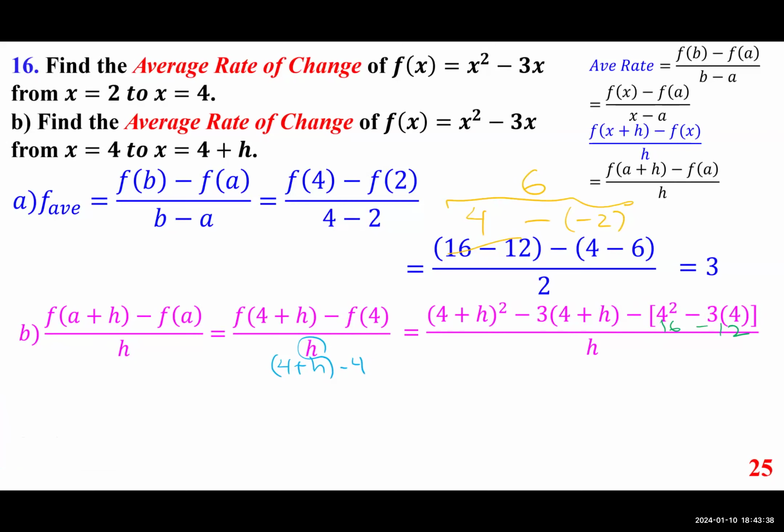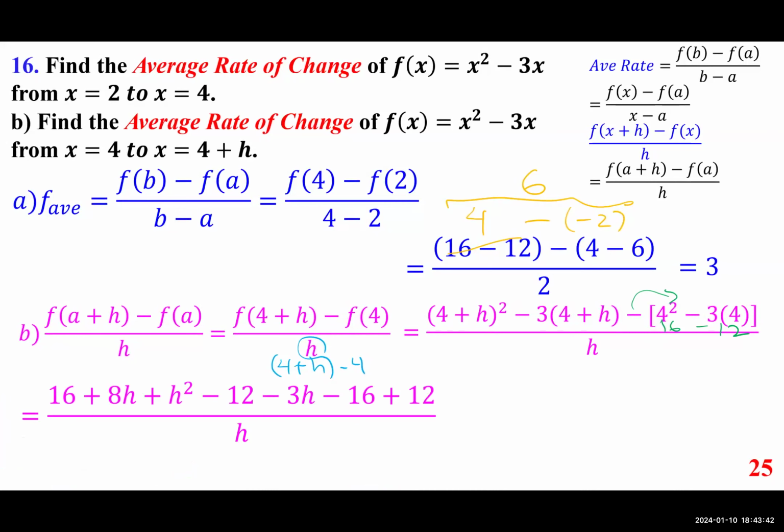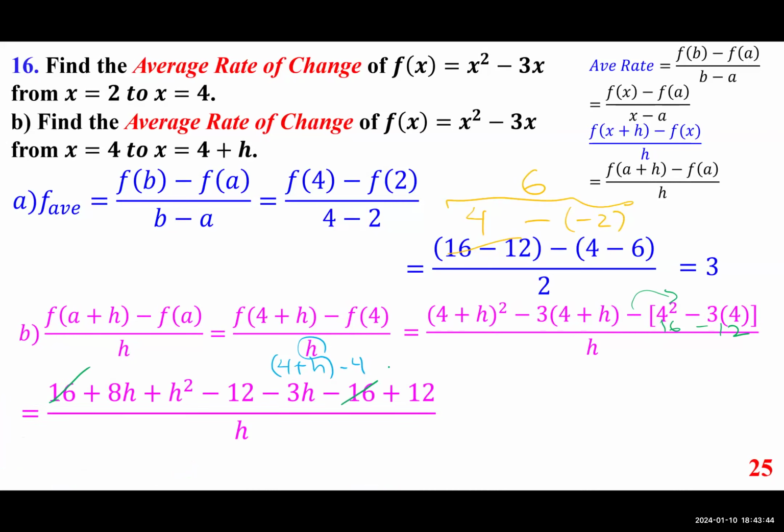16 minus 12. I like to distribute and show you why I do that, because clearly these two now cancel each other. These two cancel each other. And then what you have in the numerator is h squared.